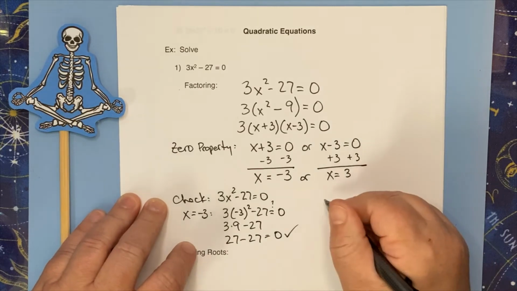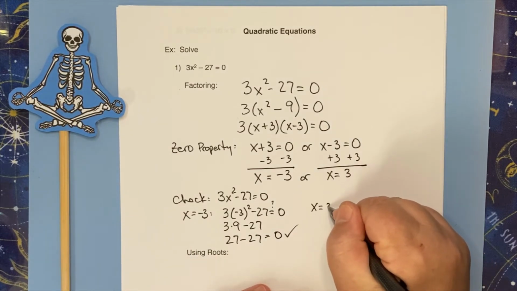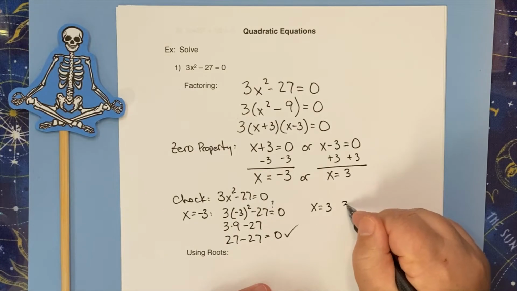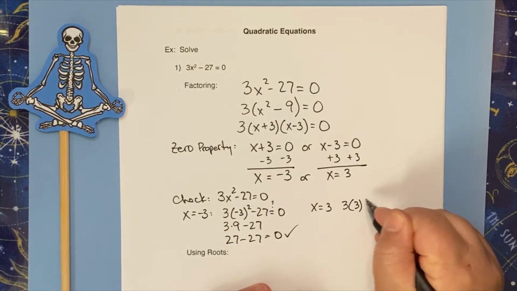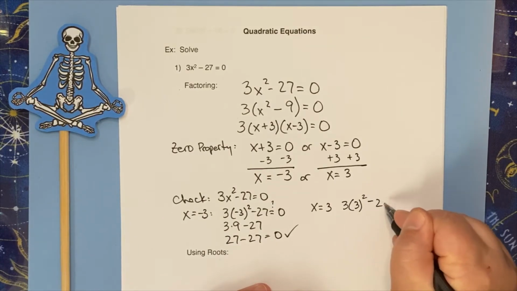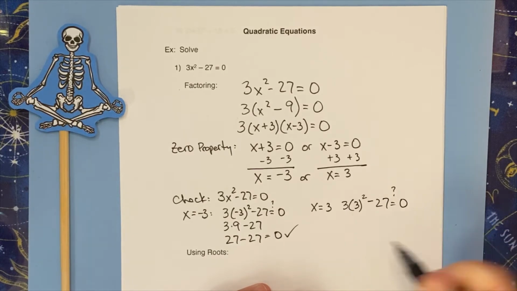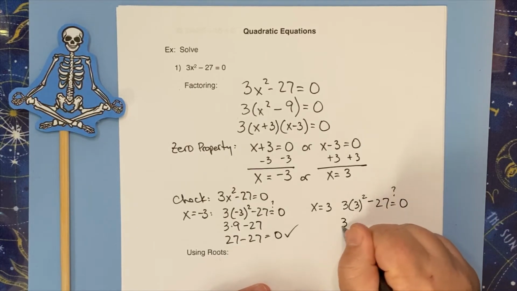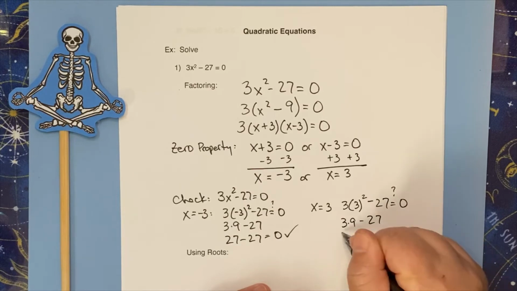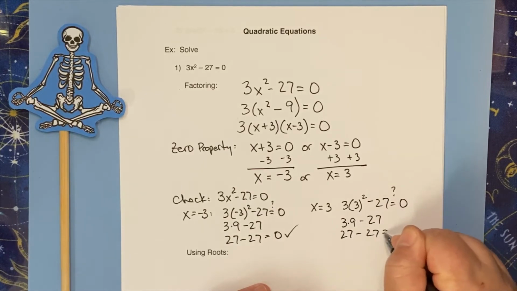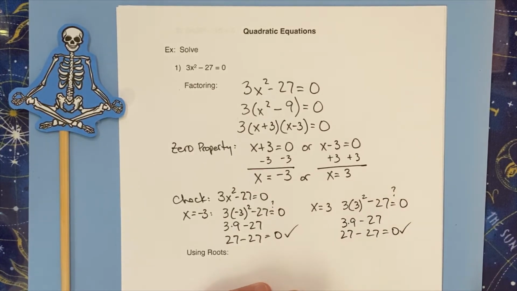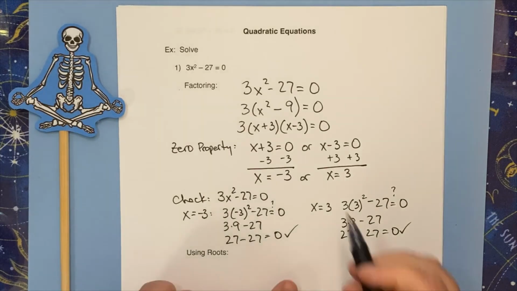Yay! Okay, let's check it for x equals positive 3. So does 3 times the square of 3 minus 27 equal 0? So 3 squared is still 9. So we've got 27 minus 27, and that does equal 0. Woohoo! We did it.